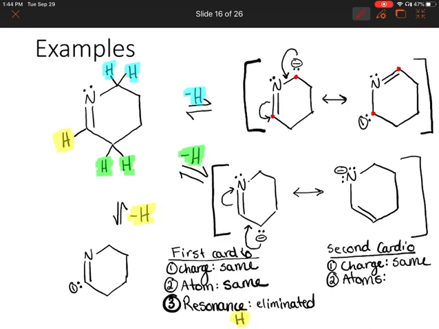And then in our second structure, the negative charge is shared between the carbon on the bottom of our structure and nitrogen. Okay, so we have a slight difference there. So is it better to share a negative charge between 2 carbons or between a carbon and a nitrogen?